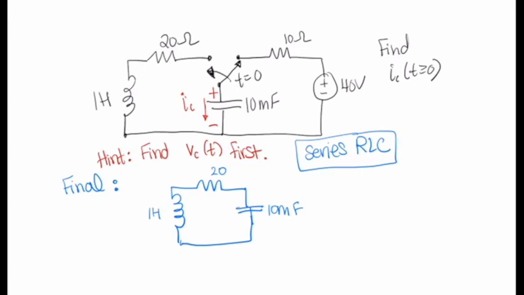Omega is the square root of 1 over LC. So they're equal. Well, that's our final question.